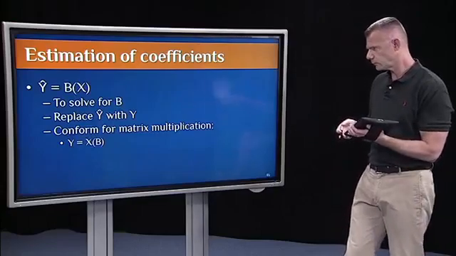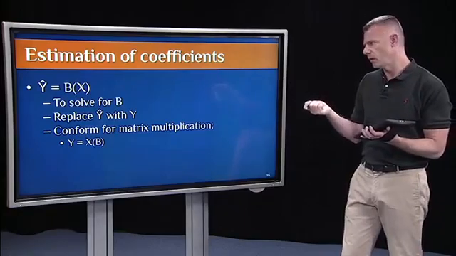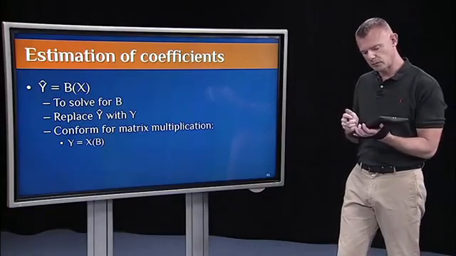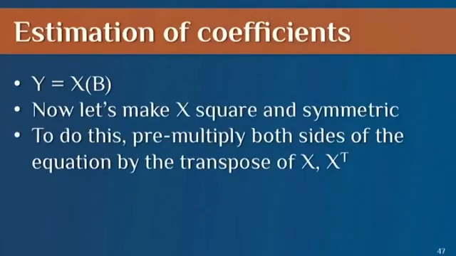Then I conform x and b to make them conformable for matrix multiplication. What I wind up with is this formula: y equals x times b. But I still need to solve for b. So how am I going to do that?